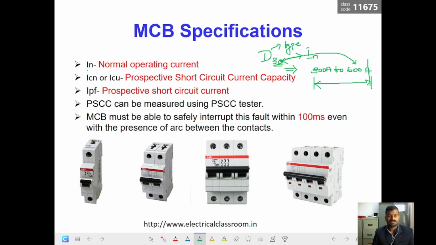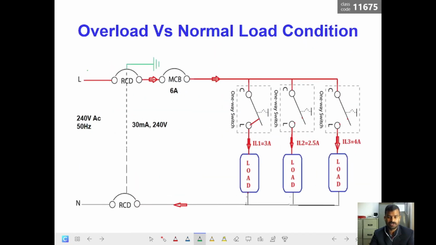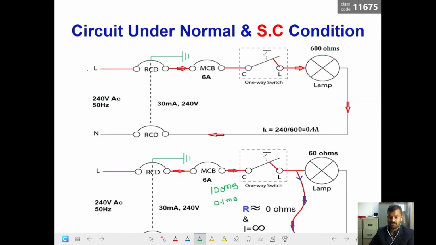This ICN is nothing but the prospective short circuit current capacity. As I told you in the previous cases, during a short circuit, I have a 240 volt AC, and then the resistance here.